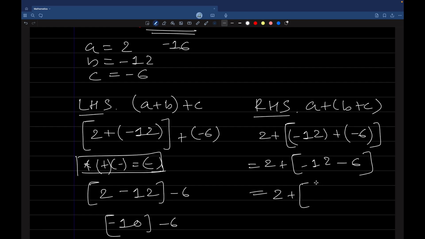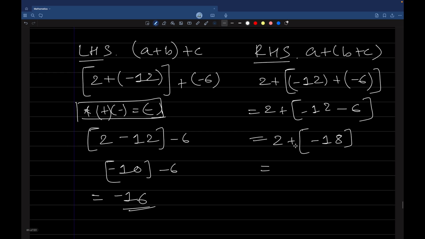Minus 12 minus 6 is minus 18. Now plus into minus is minus, 2 minus 18 equals minus 16.